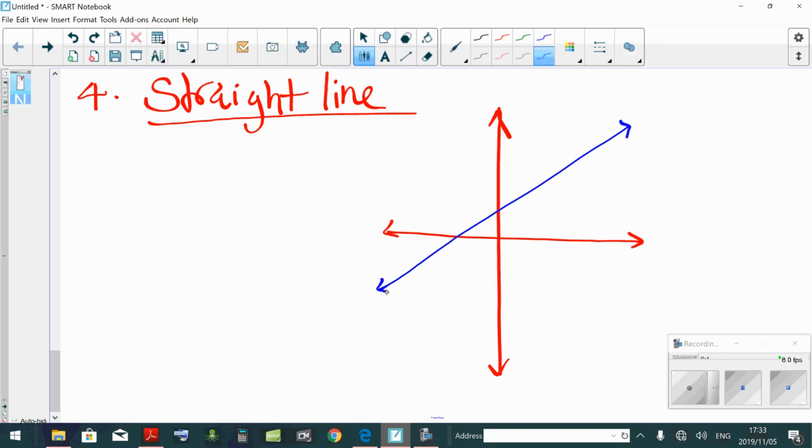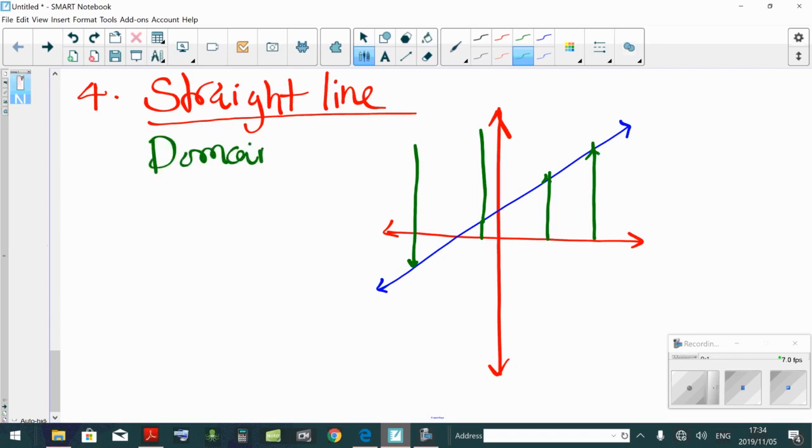It's easy to see that any vertical line drawn will encounter our straight line. We're drawing it from the x-axis, by the way. So it means our function exists for all values of x. So our domain would be x is all real numbers.